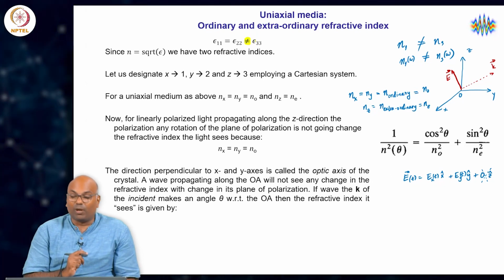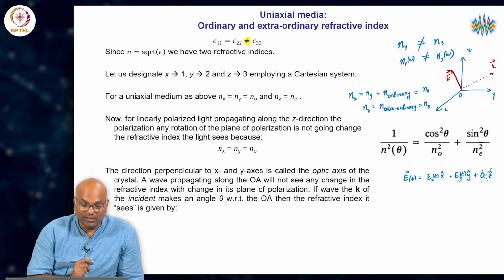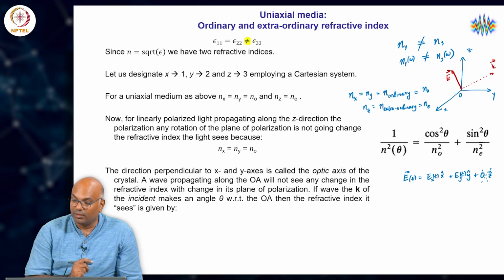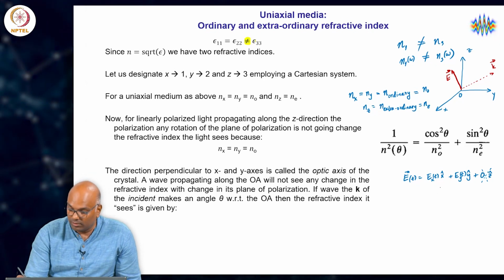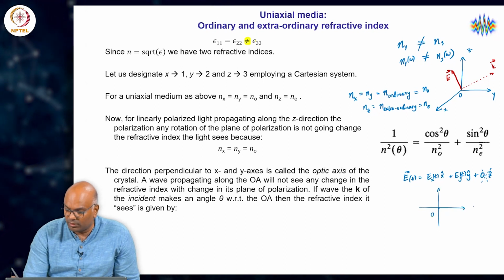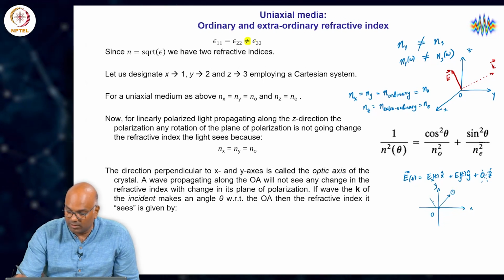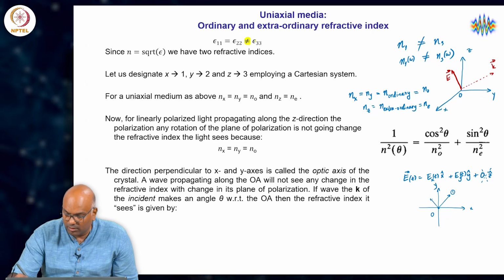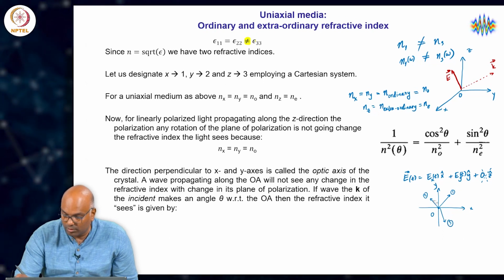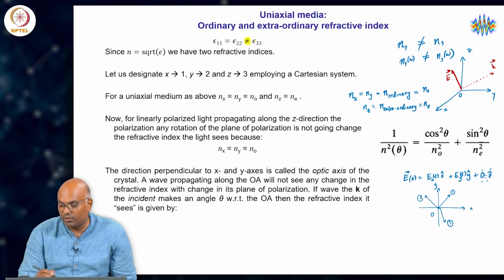So, a wave that is propagating in the z direction, its refractive index is not going to change no matter in which direction of the xy plane the electric field points. So, this is instance 1, this is instance 2, let me keep the magnitudes or lengths of the vector equal.